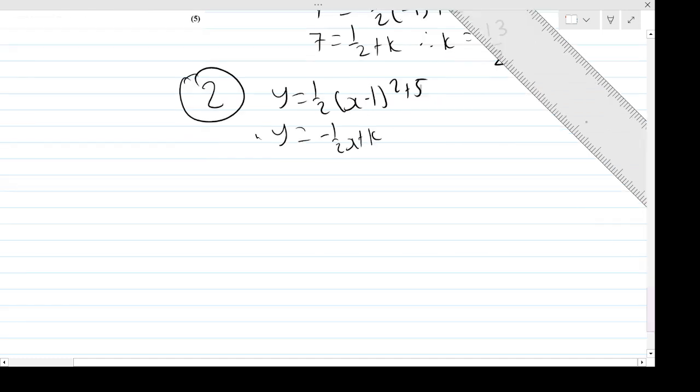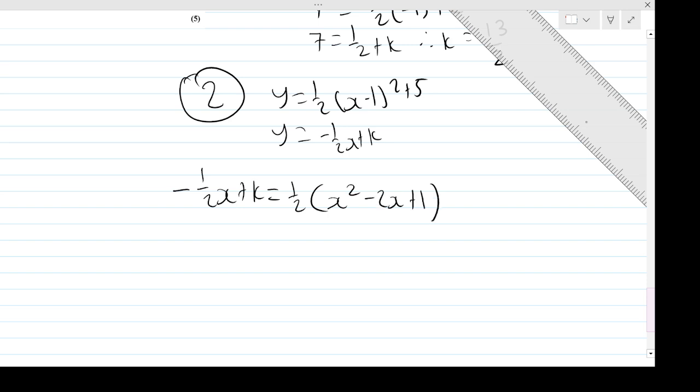So when we put that together, that would mean we solve them simultaneously. We do look at that later on in the course as a recap, but you remember this from GCSE. We set the equations equal. So minus half x plus k is a half, and I'm going to expand it. So x minus 1 squared, very quickly, is x squared minus 2x plus 1, plus 5.